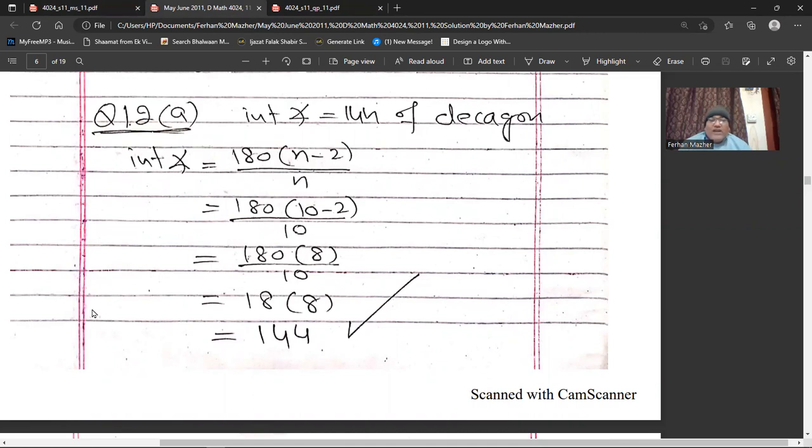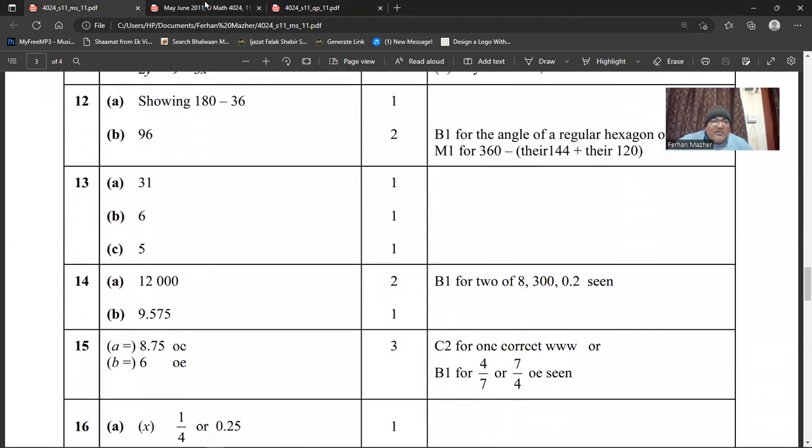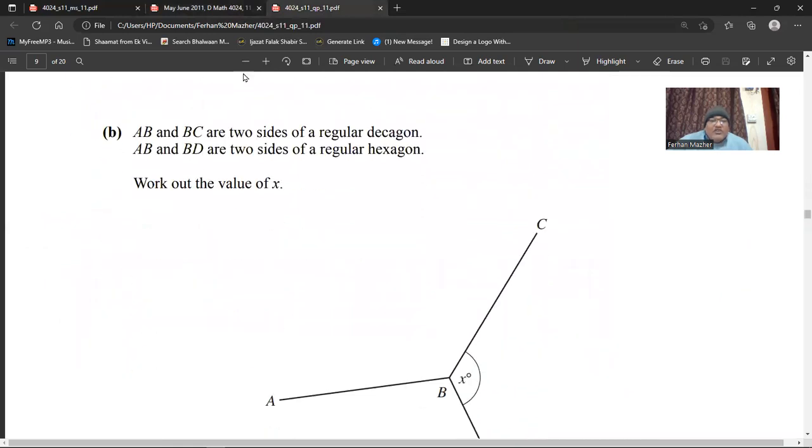So it will be 180 bracket 10 minus 2 bracket close divided by 10. So it will be 180 into 8 divided by 10, so it will be 18 times 8, and that will be 144. So this shows that the internal angle is 144.